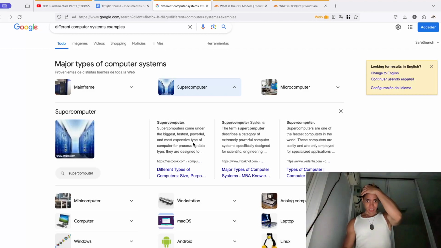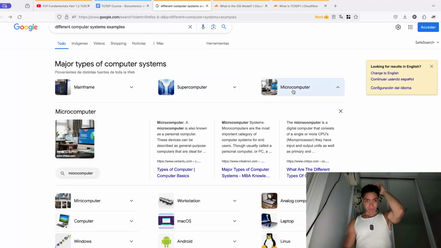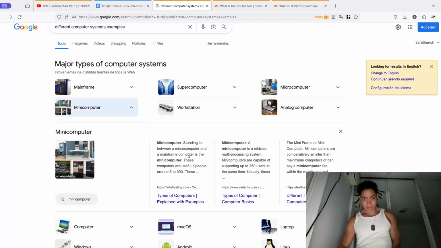Supercomputers are the biggest, fastest, most powerful, and most expensive type of computer for processing data. And then you also have microcomputers, also known as personal computers. And then you have mini computers, standing in between the microcomputer and a mainframe.